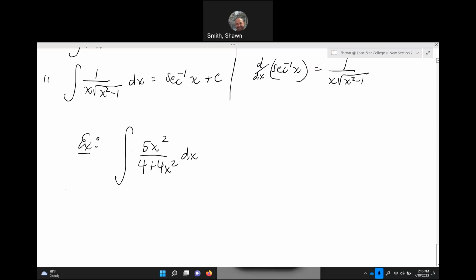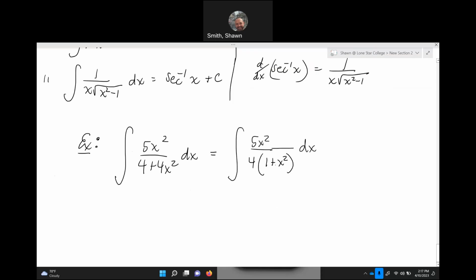I see that I can factor out a 4 in the bottom, so let's do that, because if I can take these constants out, that makes whatever's left over more recognizable. So this is still 5x squared. Take out the 4 down here. That leaves 1 plus x squared dx. You see a 1 plus x squared?